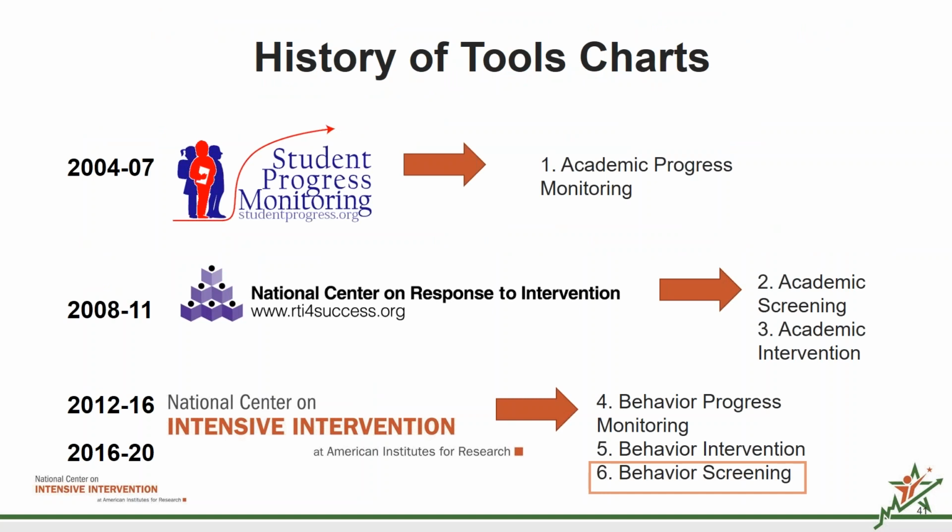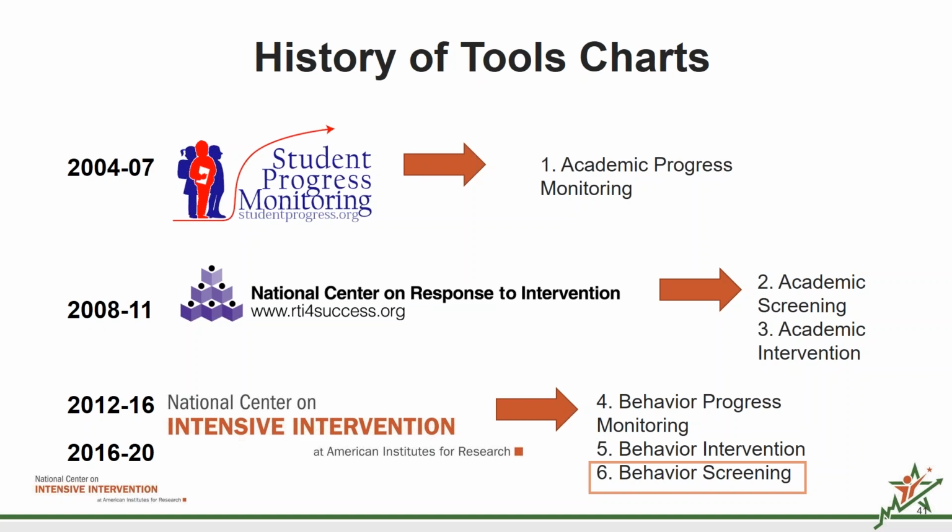So a little bit about the history of the charts. You can see them growing over time. We started off with some charts around academic progress monitoring in the Student Progress Monitoring Center. At the National Center on Response to Intervention, we added academic screening and academic intervention.